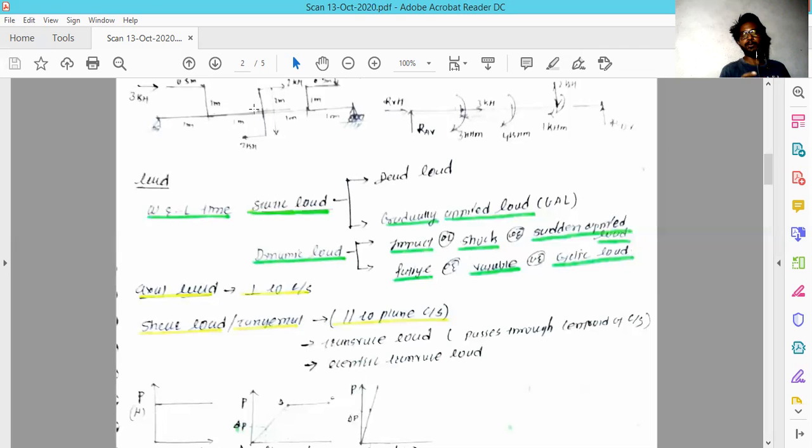So the magnitude of that couple is the distance times one force. Here 2 meter into 2 kilonewton becomes 4 kilonewton meter. The torque is going to act at that point. There will be no net force developed because it is a couple, and it only creates a rotational moment there.